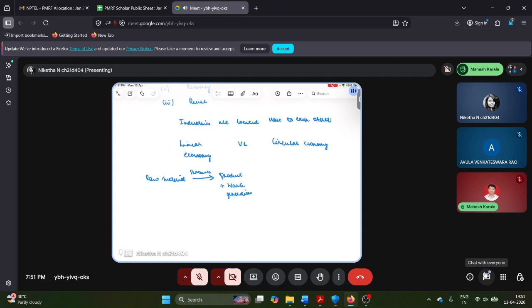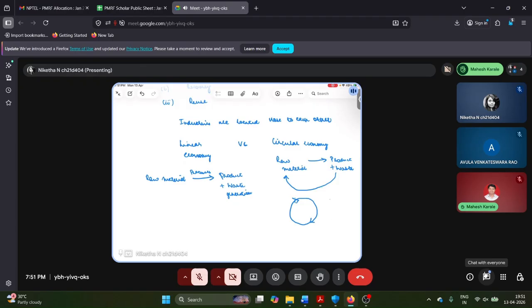So when compared to a circular economy, in a circular economy, what happens is we have the raw material, that gets converted into product, or it can also have some waste. So this waste goes back and gets used as a raw material. So this creates a circularity where whatever goes in comes out and again goes back in.